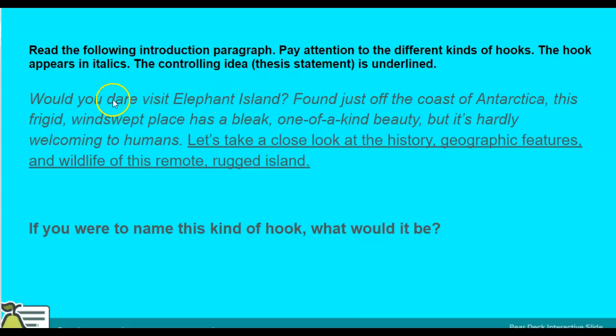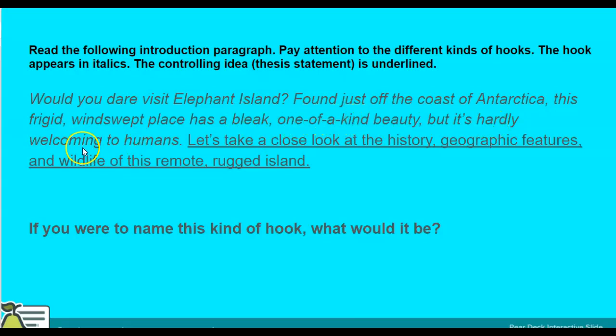But this one, would you dare visit Elephant Island? Well, the word dare makes me think, oh, there must be something kind of dangerous about it. And then the description of it as being frigid, which means super duper cold. Windswept means there's a lot of wind, which probably just makes it colder. Bleak. That means there's not a lot to look at. There's not a lot of people there. But it's a one-of-a-kind beauty.